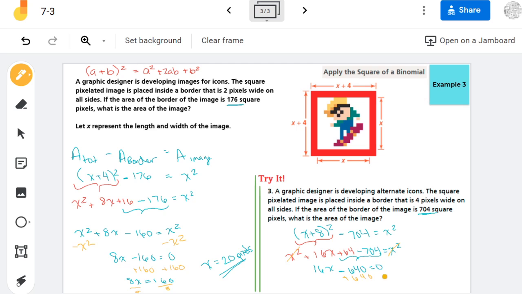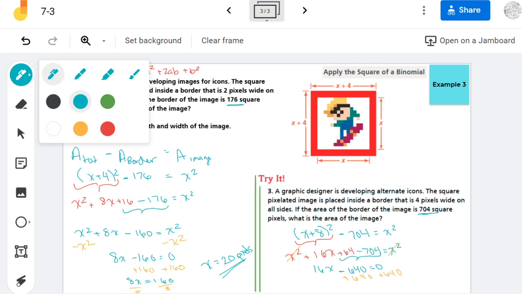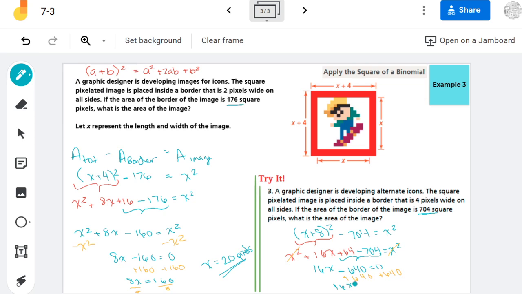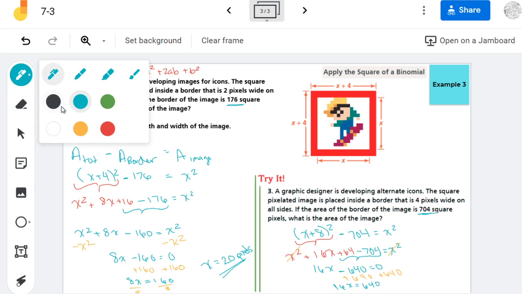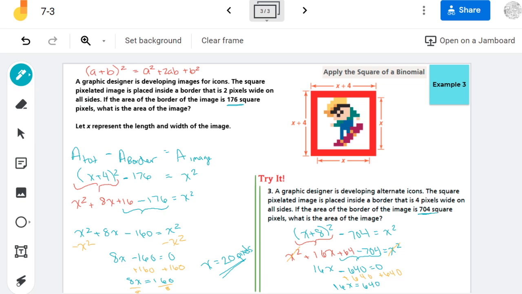So I'm going to add 640 to each side. So I get 16x equals 640. And I'm going to divide by 16, but I don't have enough room on my page to show you. When you divide by 16, you get that x is equal to 40 pixels.